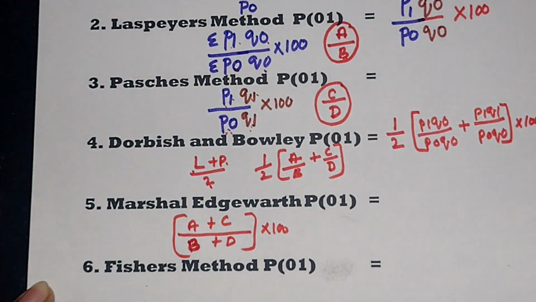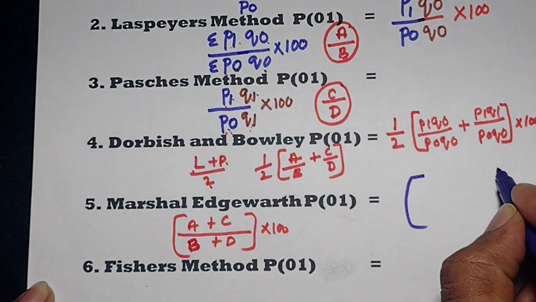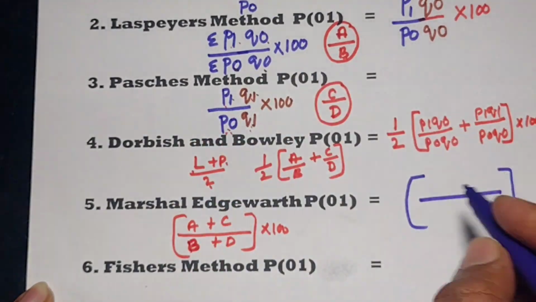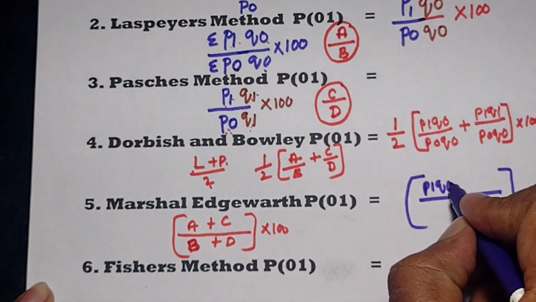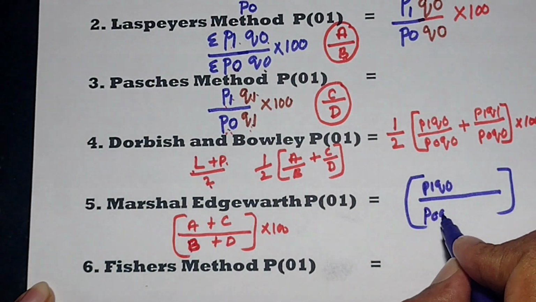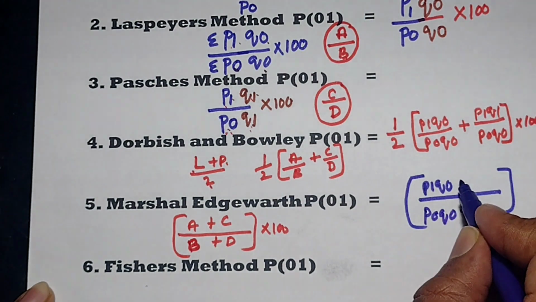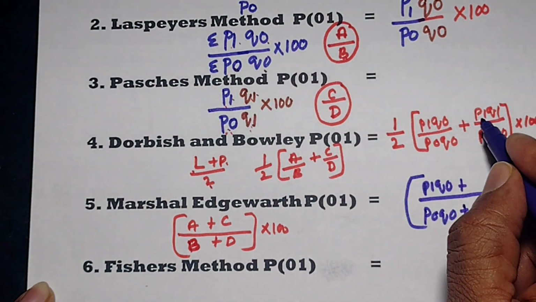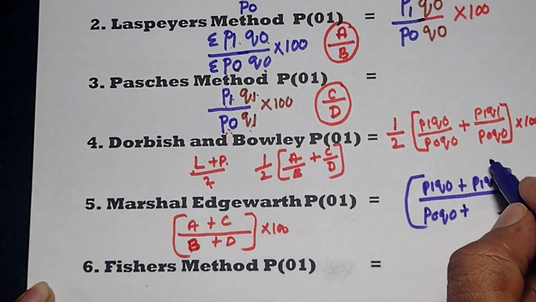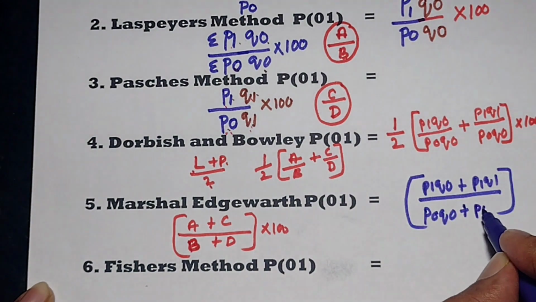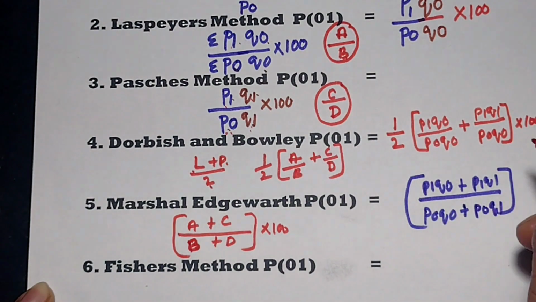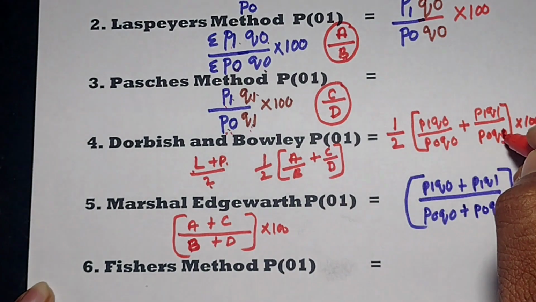Come on, now tell me what is my A. A is P1 Q0. My B is P0 Q0, plus, what is my C? P1 Q1. And what is my D? P0 Q1. Sorry, I wrote it wrong here. It is P0 Q1.